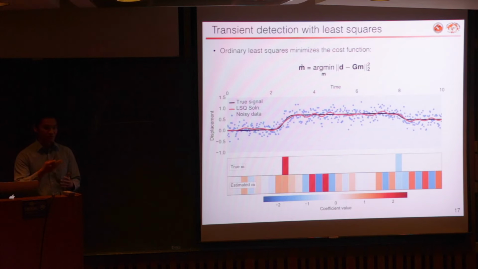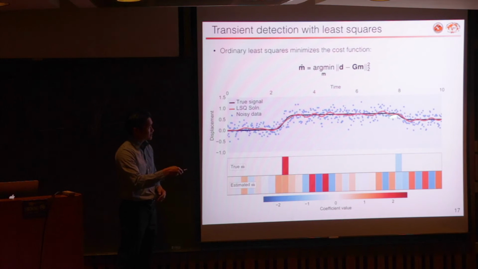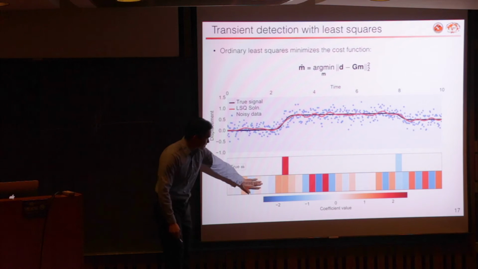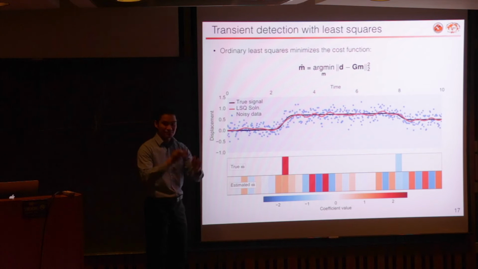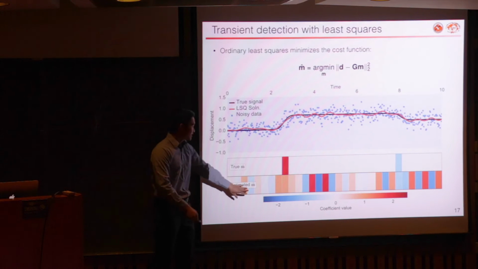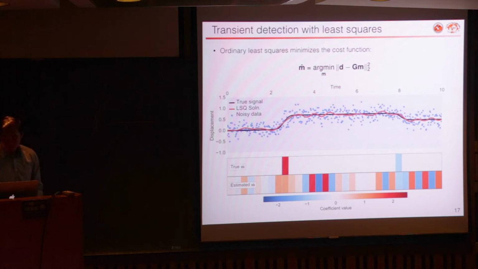And so when you try to do a pseudo-inverse of it, it's going to be poorly conditioned. And so this gets manifested in the reconstruction. If you look at the red reconstruction, you can see it's quite noisy. And if we look at the coefficients, this is really telling. We see these high trade-offs, positive, negative, in the estimated value of m, because it's trying to hit every wiggle in the noise.